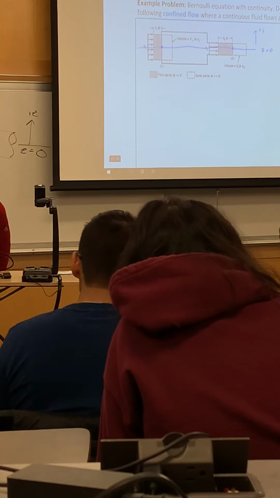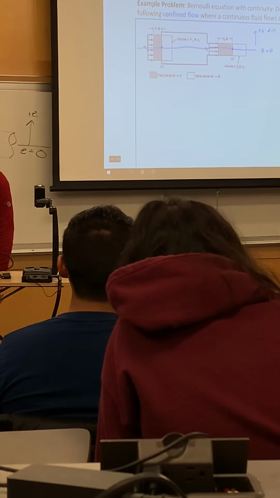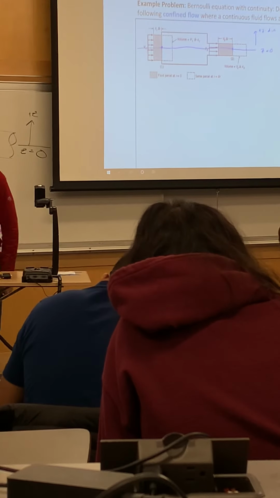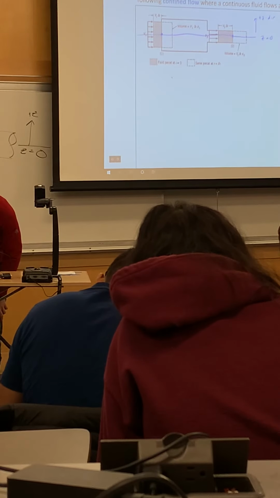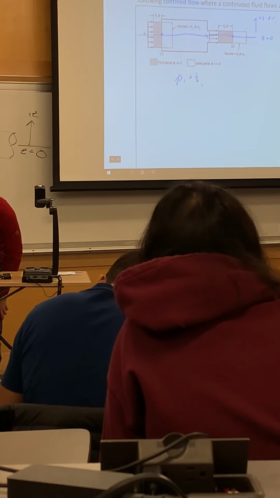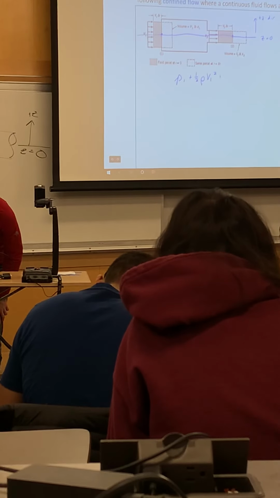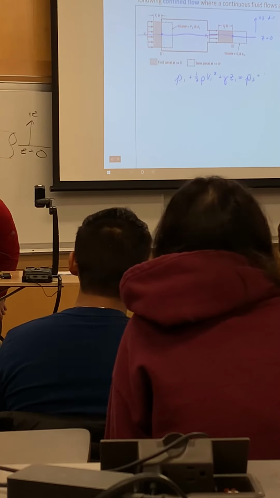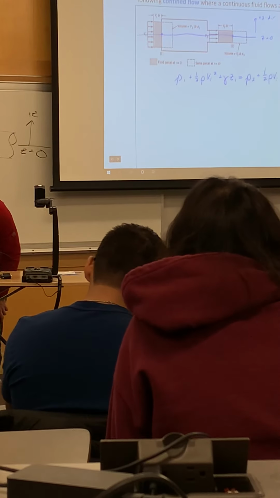And I'm going to assume my positive z direction is upwards. Okay. This will look familiar to some of the problems we've worked out already. P1 plus 1/2 rho v1 squared plus rho g z1 is equal to P2 plus 1/2 rho v2 squared plus rho g z2.